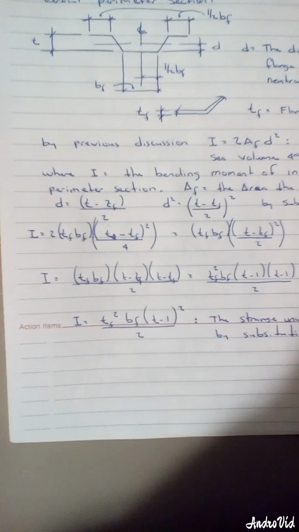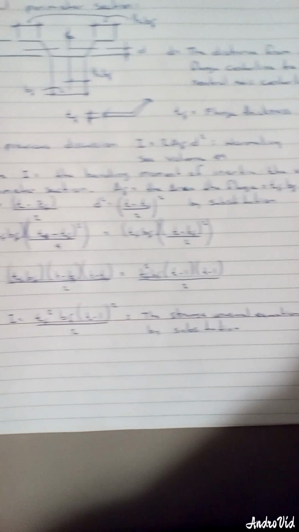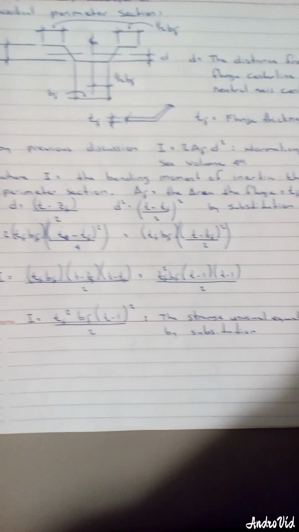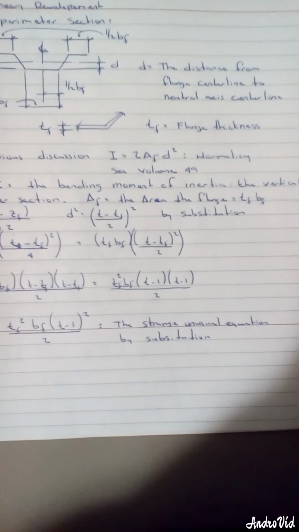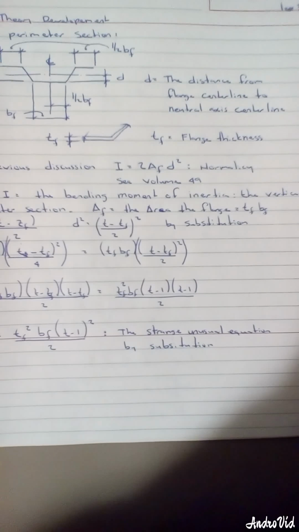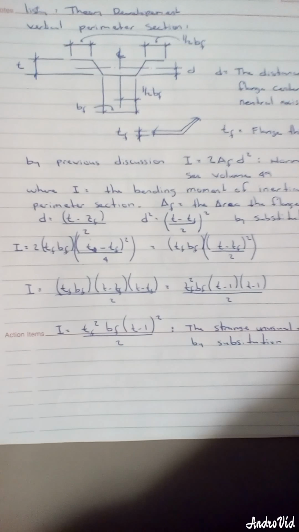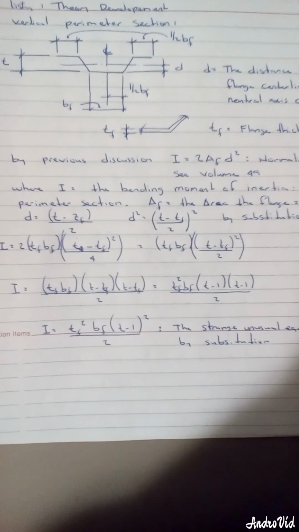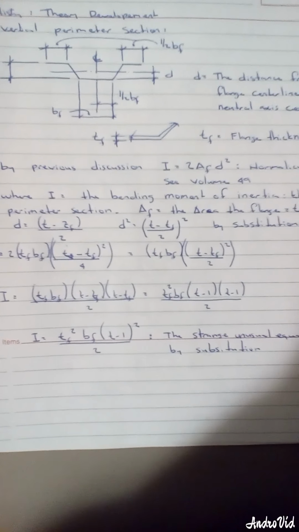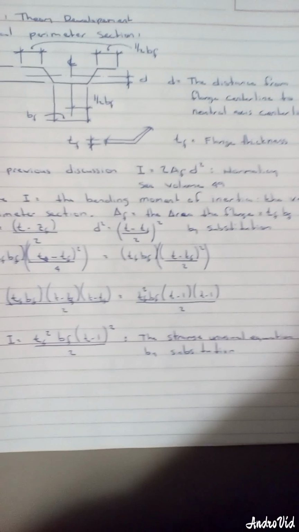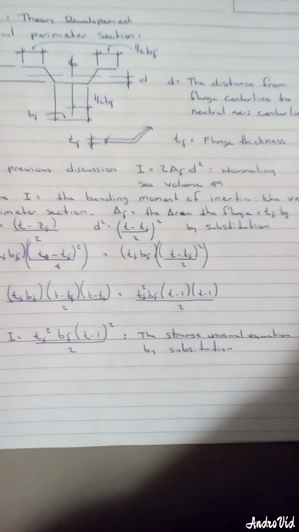So we get down to where I is the bending moment of inertia, the vertical perimeter section. A sub F equals the area of the flange, that equals t sub f b sub f. We have D equals T minus t sub f divided by 2, and D squared is T minus t sub f divided by 2, and then all to the second power, and that's a squared term.